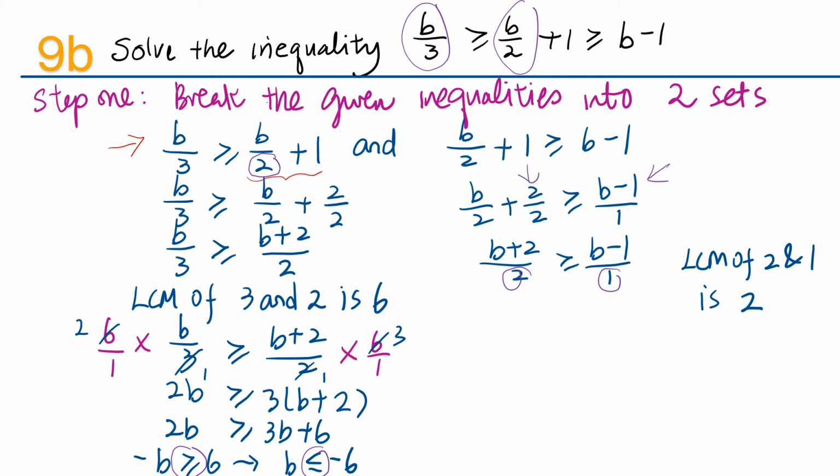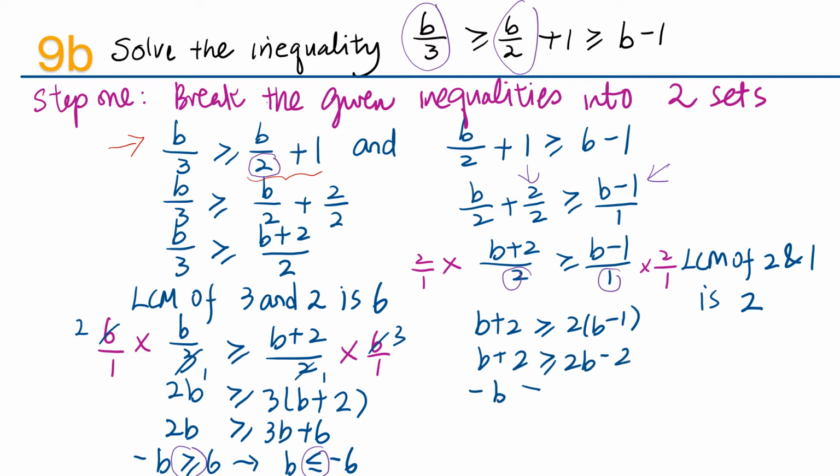Right, and I multiply both sides of the inequality with 2. Okay, and then I simplified it. All right, again, take note that you're multiplying both sides with the negative, so we have to change the inequality sign.